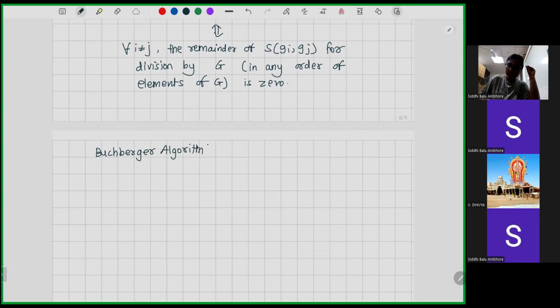And what is Buchberger algorithm? This algorithm is obtained using this theorem.